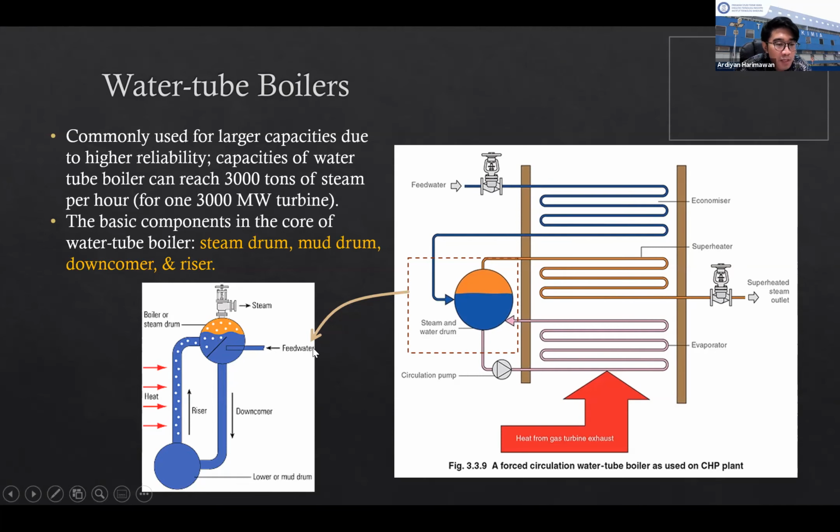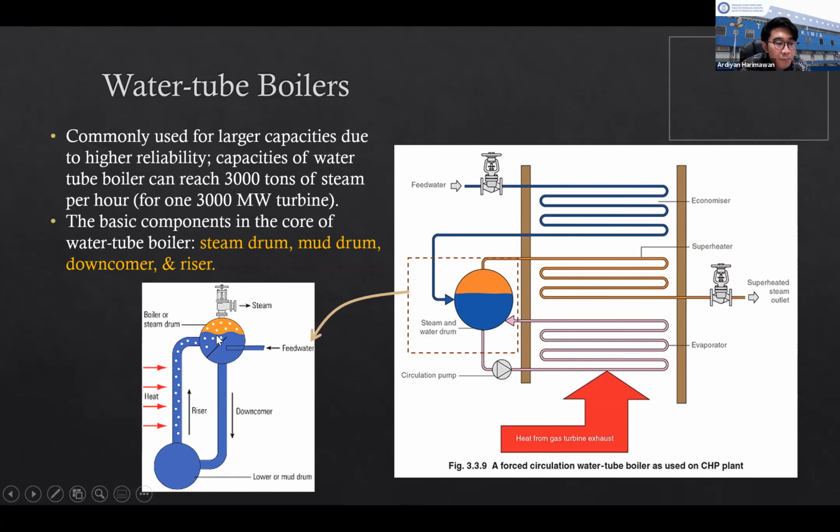So maybe I'll start from the feed water first. The feed water will go down into the downcomer, goes to the mud drum, and the water in the mud drum is being heated. Then in the riser part, the water will go up, and this part will separate it into two phases.